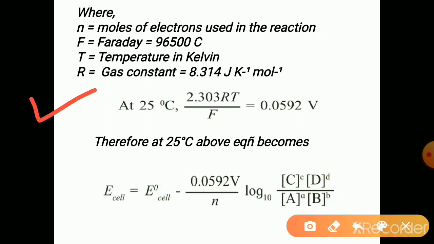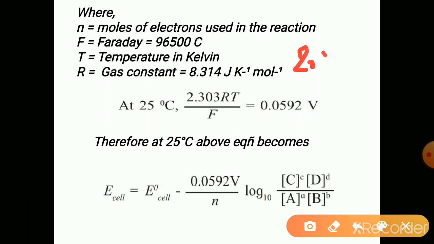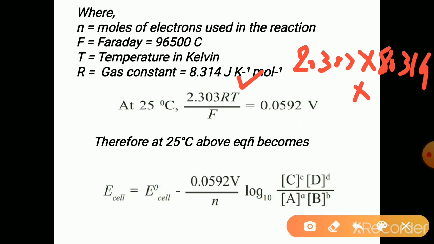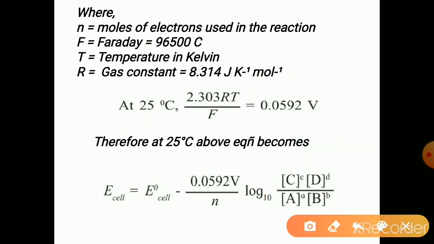At 25 degrees Celsius, putting in the values, 2.303 into 8.314 into temperature in Kelvin, that is 298, which is the standard, divided by 96500, if we calculate all this we get the value 0.0592.